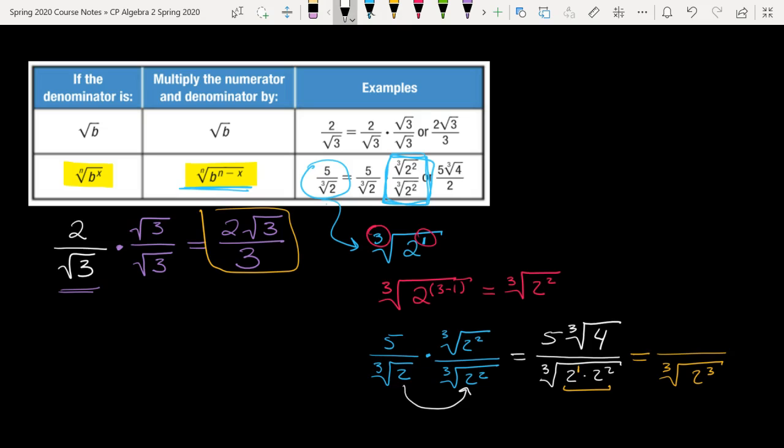Of course, the top stays exactly like it was. But in this case, these 3's cancel. We have a perfect cube inside the cube root. So what we end up with is just the numerator divided by 2. Again, this might not look a lot simpler than the original expression, but we've managed to get that cube root out of the bottom of the fraction, therefore rationalizing the denominator.